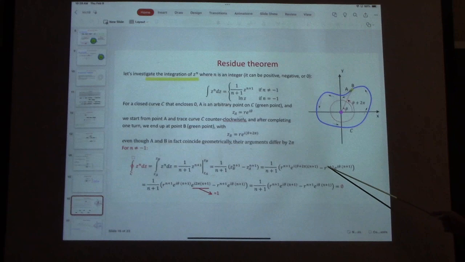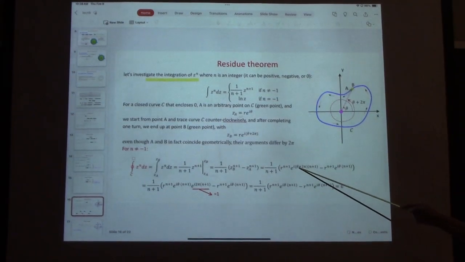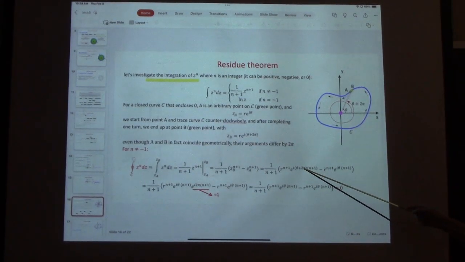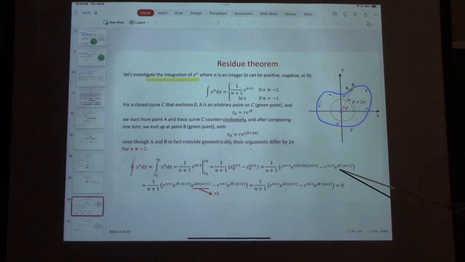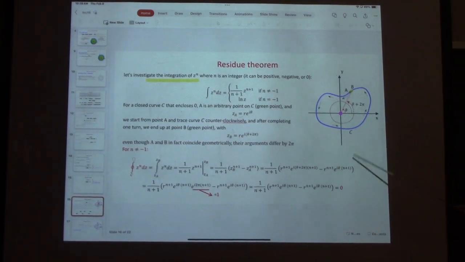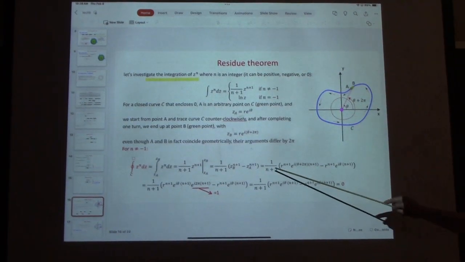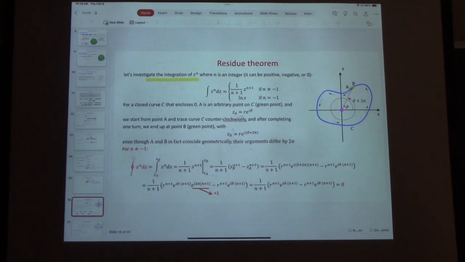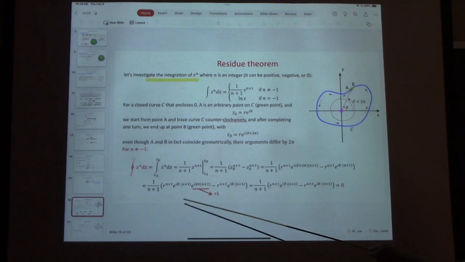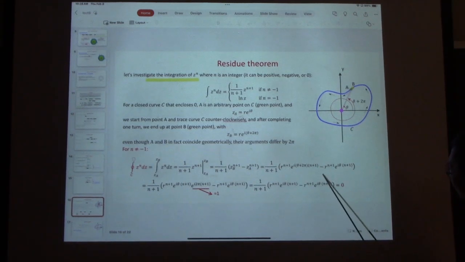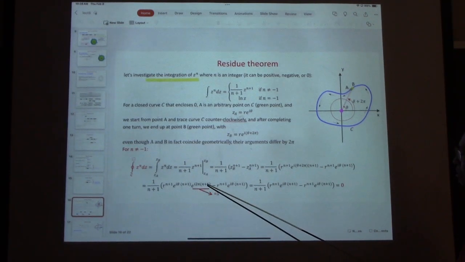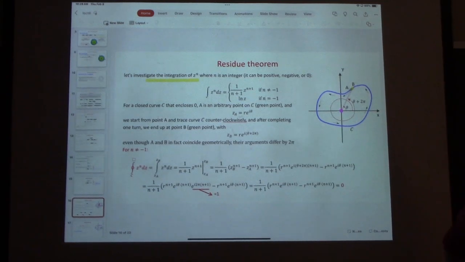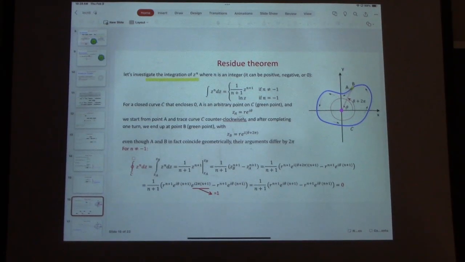And then we put this here. R is the same. For B, the angle is theta plus 2 pi. For A, it is only theta. But don't forget this n plus 1, which comes from here. So this makes sense, right? And then let's try to evaluate that. It turns out, because n is not equal to -1, n plus 1 is also an integer.